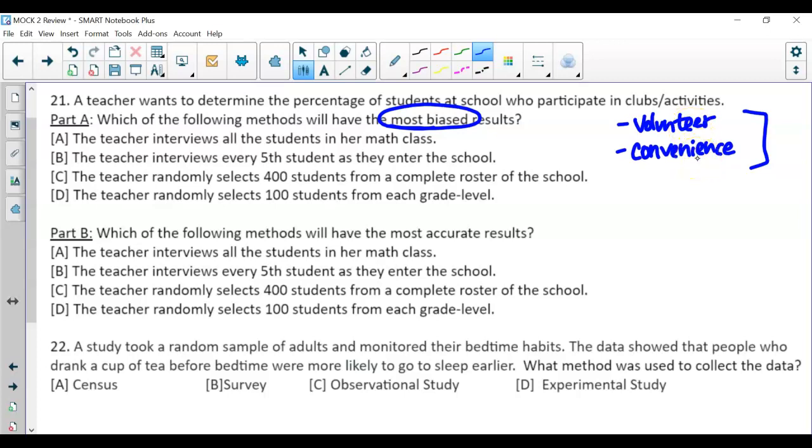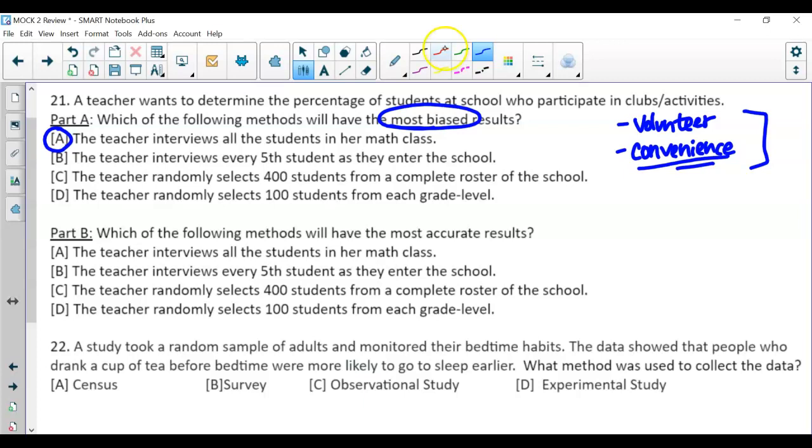And we do have that here. Which of these answer choices represents your volunteer or the convenience? A. Notice it says, the teacher interviews all the students in her math class. So which sample does this represent? What method? Convenience. Because it's just convenient for the teacher to just interview the students that are in her class.